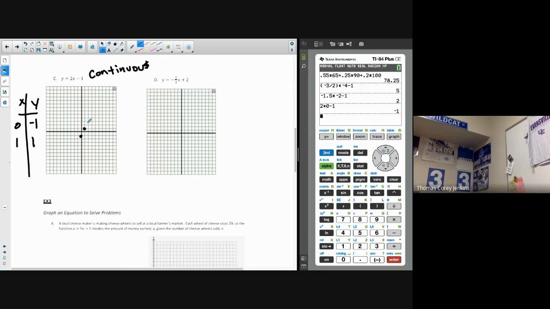And this is a linear equation. So at that point, I can tell that I can just follow my slope. Up 2, right 1. Or I could also go down 2, left 1 to stay on that same line.